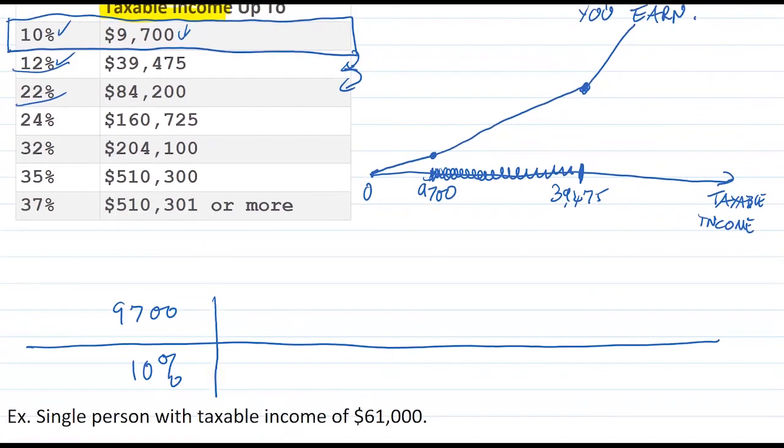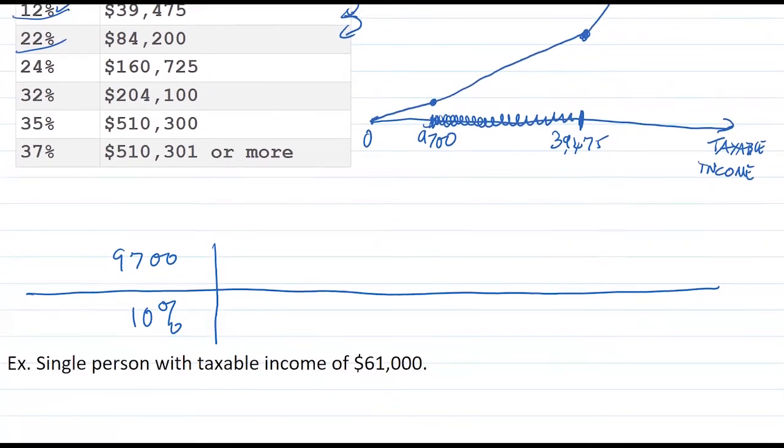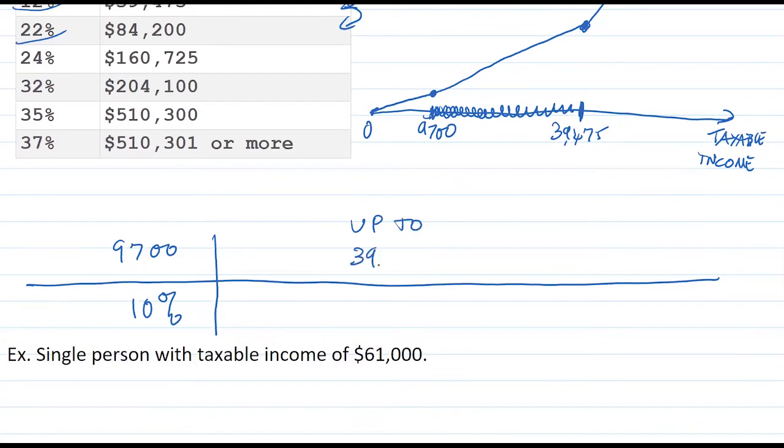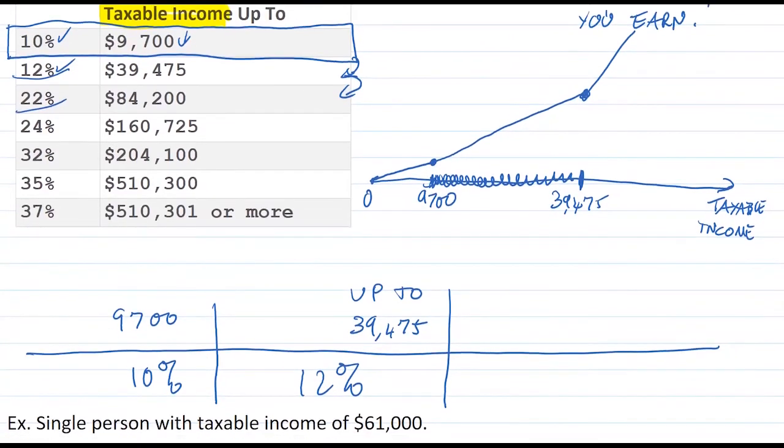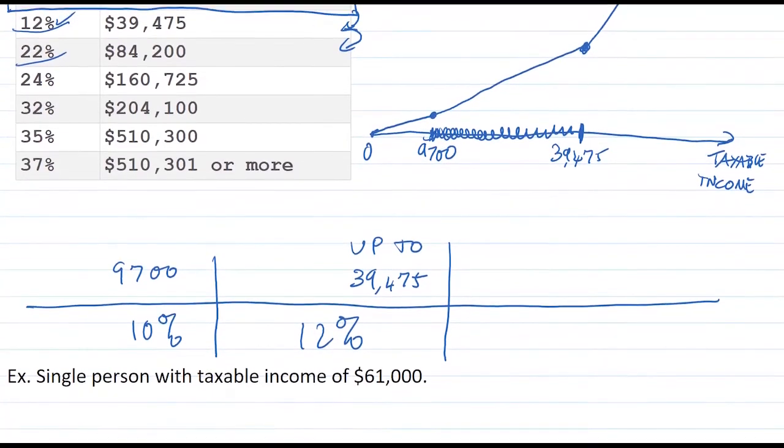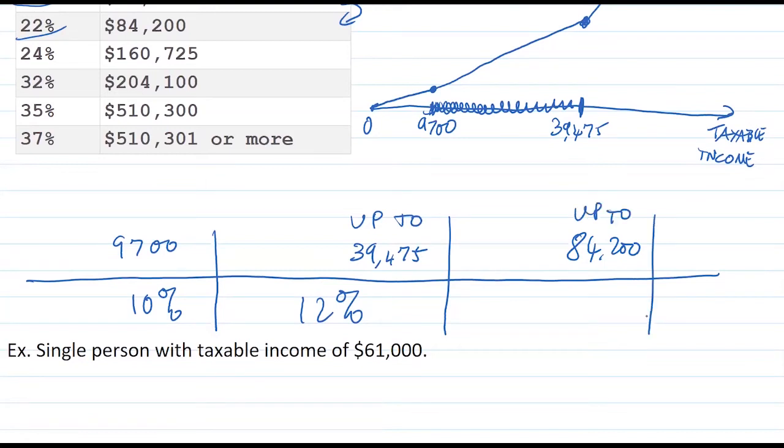And then up to 39,475 will be taxed at 12%. And then up to 84,200 will be taxed at 22%. And if they had any more money, they would be taxed at 24%, but no, this person makes 61,000, so it's within this amount.